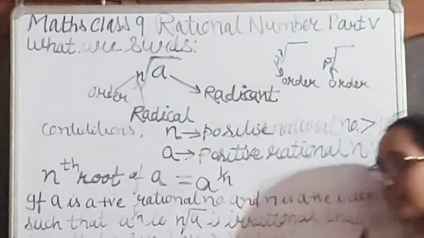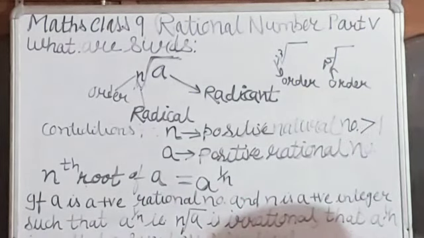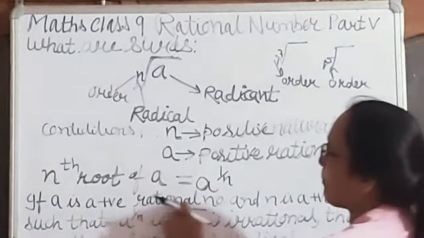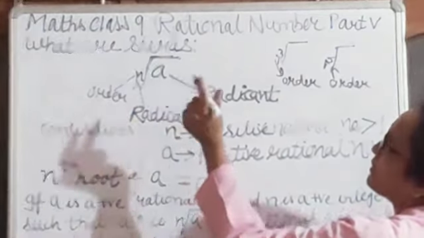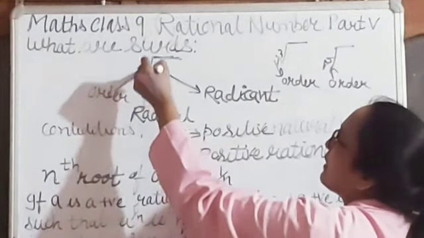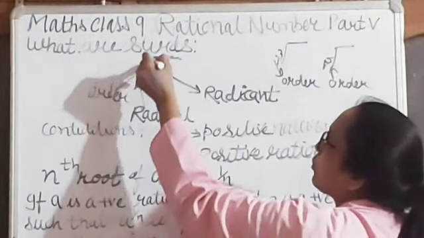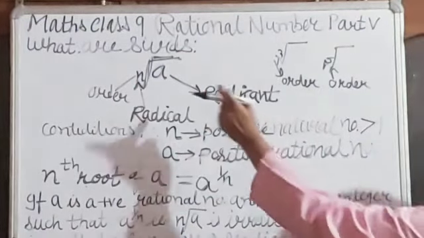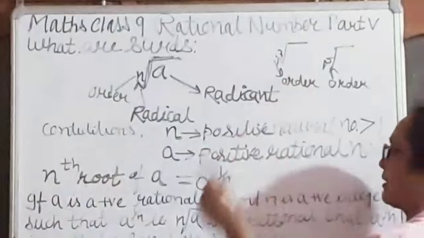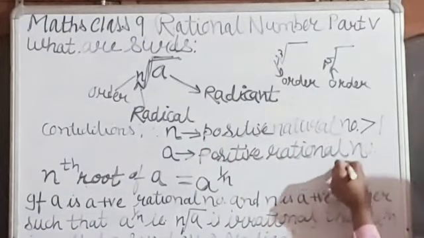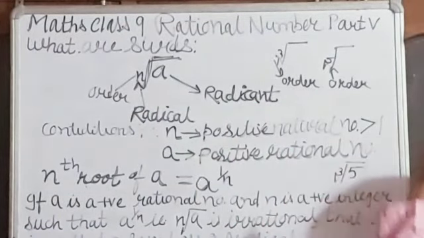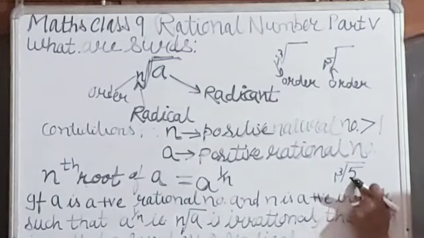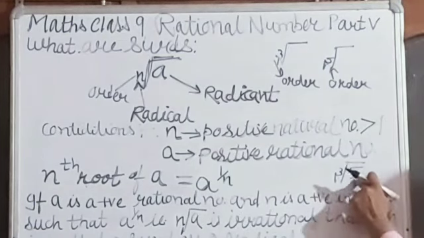Now, what are the conditions for surds? First, we will understand the definition of surds. If a is a positive rational number, here the number written under the root, that is called the radicand, this radicand should be a positive rational number. Like here, your radicand is 5.